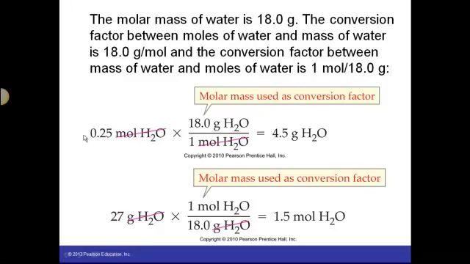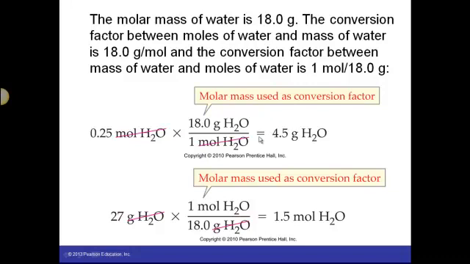So if we started with 2.25 moles of water and we wanted to figure out how many grams of water that is, we would use our conversion factor with the grams on top. So our molar mass would be 18 grams of water in 1 mole of water. Multiply that by 2.25 moles, and our answer would be 4.5 grams of water.